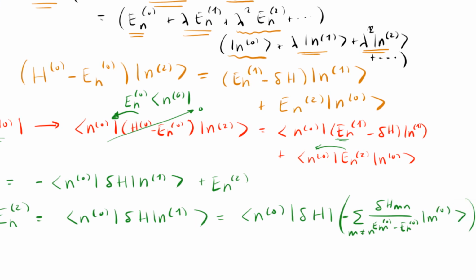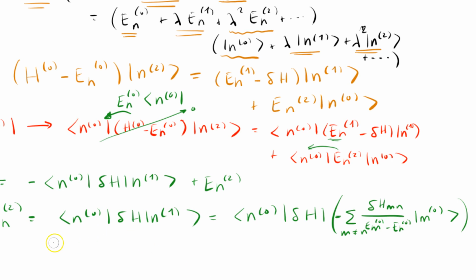So this is equal to, I'm just going to slide out all the constants, negative sum over m not equal to n, and then we have delta H mn. And then look at this, we have this one and this one, so that's going to give us delta H nm.